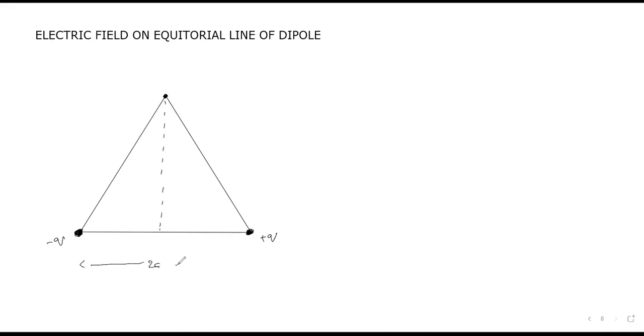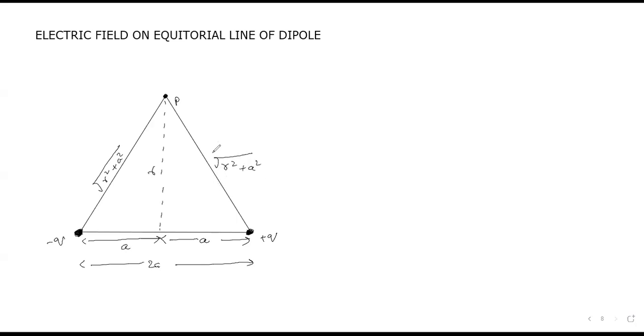If it is 2A, then this separation will be A, and the other separation will also be A. And the distance from the line to the point P, you can take as R. Then what will be the value of the diagonal? It will be under root of R square plus A square according to the Pythagorean theorem. And this also is root of R square plus A square.